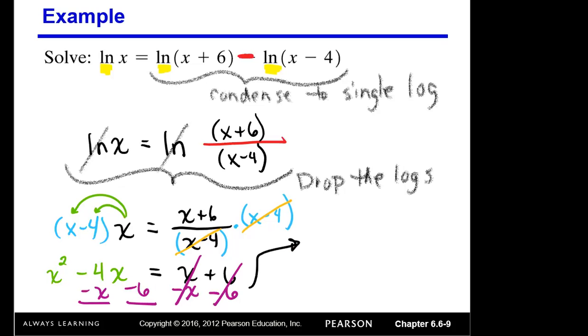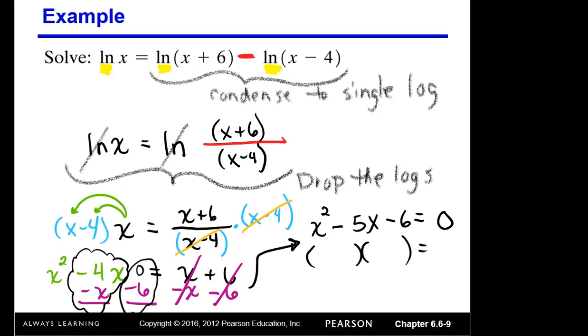So I'm going to have x squared and then a negative 4x and a negative 1x is a negative 5x. And then it's like saying 0 minus 6. So this is a minus 6 equals, and of course, 0 on the right.